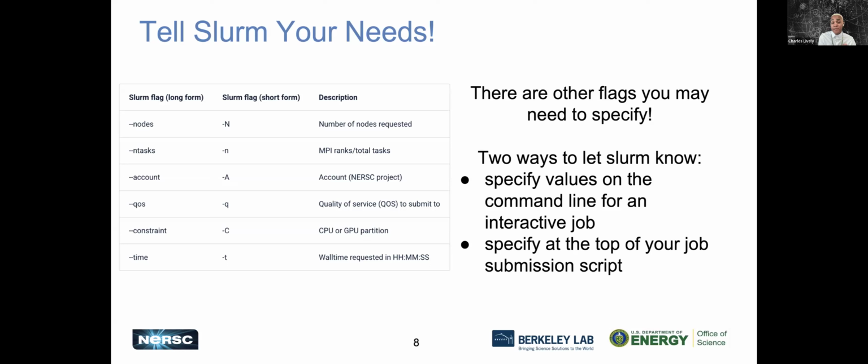You will need to specify the queue, the quality of service that you're going to utilize for submitting. The quality of service is basically part of what determines the priority of your job. Then you'll need to specify any constraints, whether you're going to be using CPU-only resources or GPU-enabled. And then most importantly is the wall time. So these are all different flags and components that you need to specify that will be used to determine your priority in the queue.